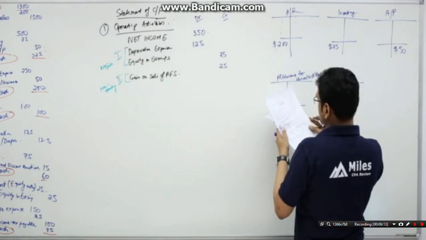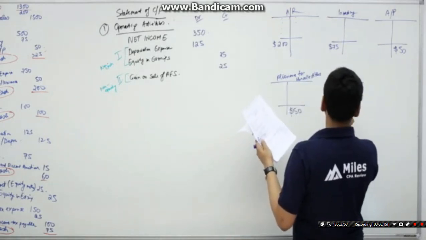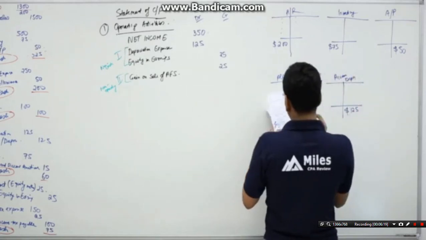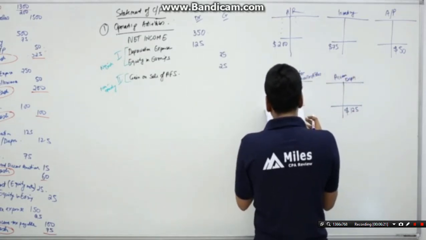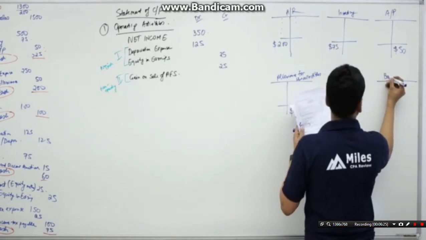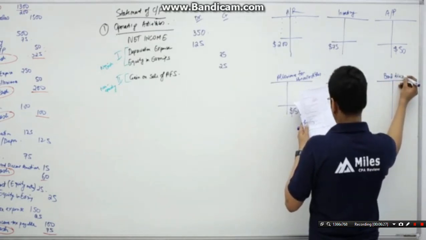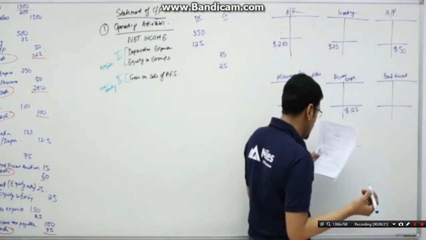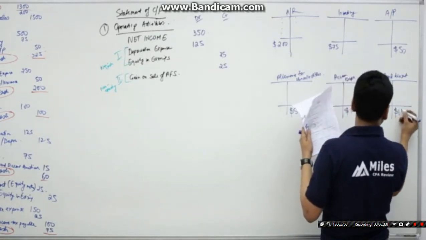Now that increased by $125. You have decrease in bond discount. Bond discount, that was a debit number. Decrease generally by amortization is $15 here.